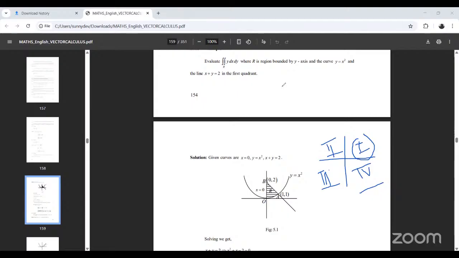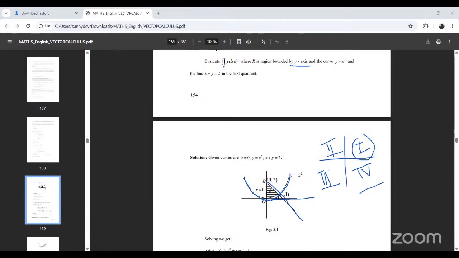Okay. So here observe one thing. We draw the graph. This is y equal to x square, and next x plus y equal to 2. And the y-axis is nothing but x equal to 0.